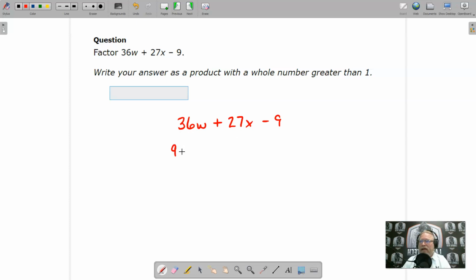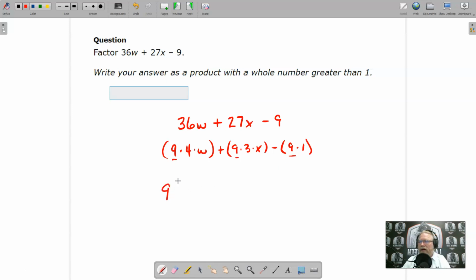So 9 times, what is that, 4? Yep, times w, and plus, in this case, 9 times 3 times x, minus, and in this case, 9, and remember, we have to have something to leave behind, so that's going to be a 1 there. Now we can pull out the 9s, right?